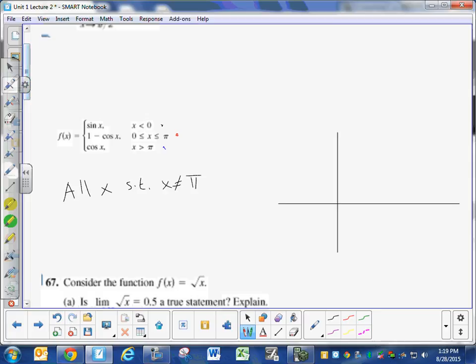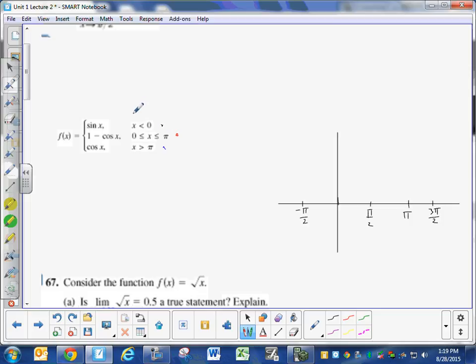You can do 0, pi over 2, pi, 3 pi over 2, 2 pi, or any kind of variations of that. And then I could go the other way as well. And if you know your unit circle, you can graph sine of x.